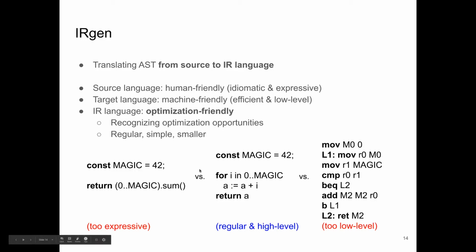So in the middle, we want to translate the code in the source language into some intermediate representation that is easier to perform optimizations on, and then translate it into the low-level code. That's the reason why we design an IR, and we first perform IR gen, instead of translating C to assembly directly.